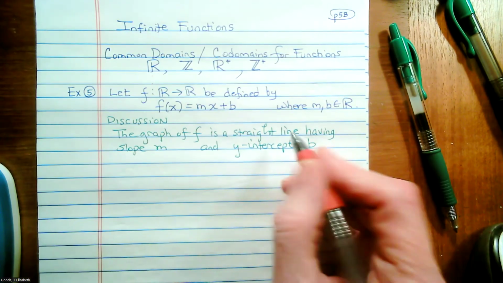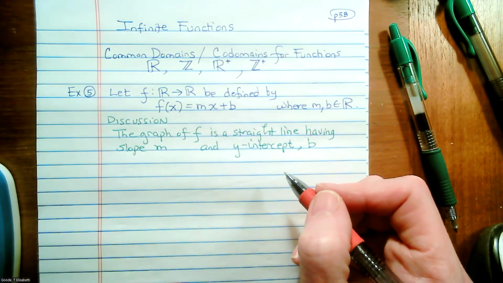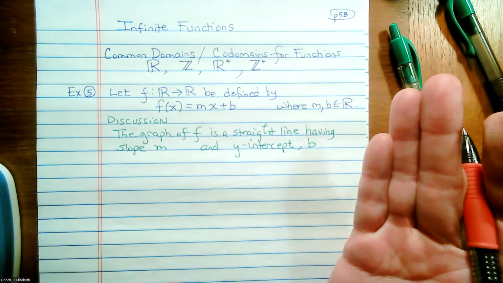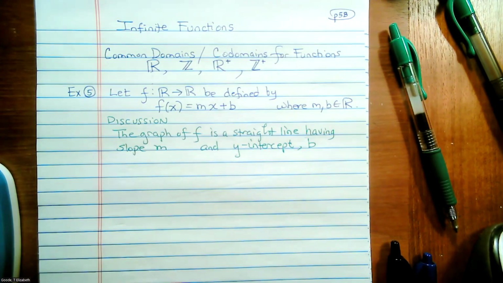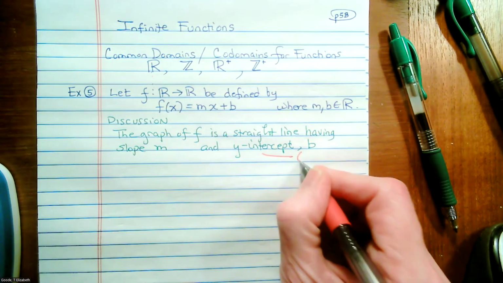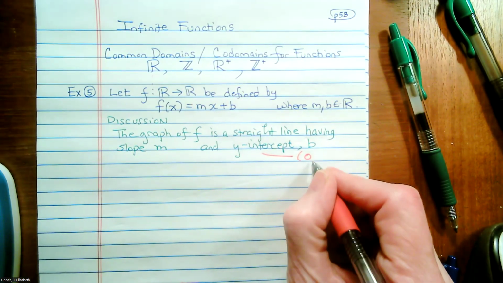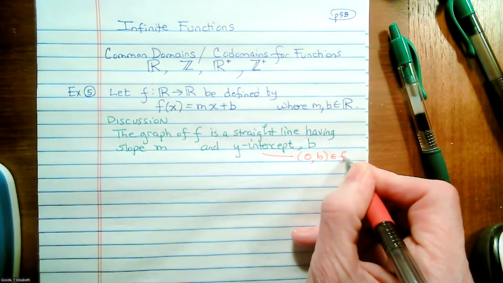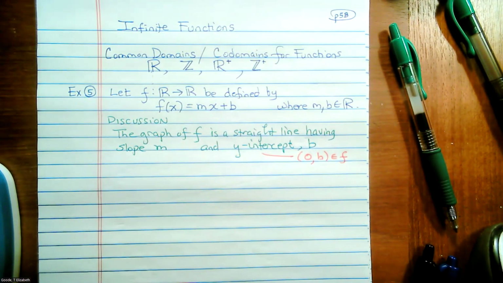The y-intercept is where the graph intercepts the y-axis. Of course, on the y-axis, the x value is 0 because you haven't gone left or right at all. So this y-intercept being b simply means that the point (0, b) is an element of f. That's where it crosses the y-axis.